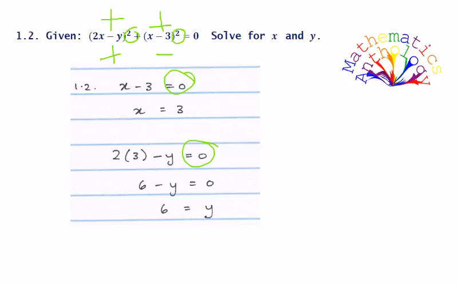We take the first bracket, 2x minus y, make it equal to 0, and x minus 3 also equals 0. Solve x minus 3 equals 0 first, and you'll end up with x equal to positive 3. Substitute that 3 into your other equation. You'll get 2 into 3 minus y equals 0, and solve for y. You end up with y equal to a positive 6.